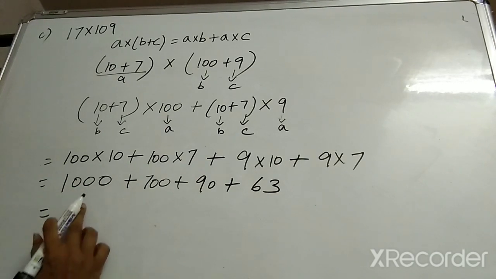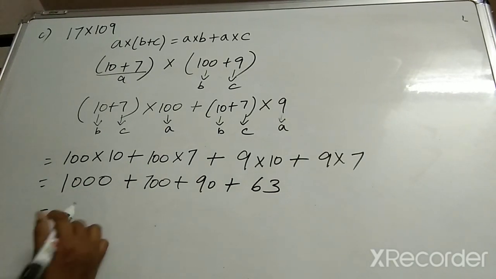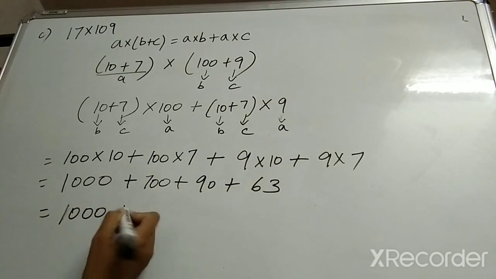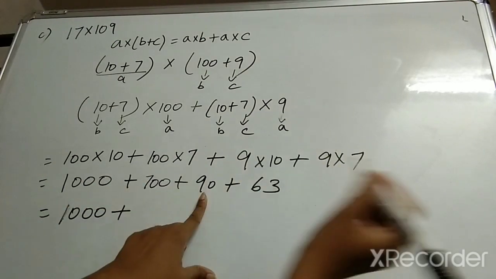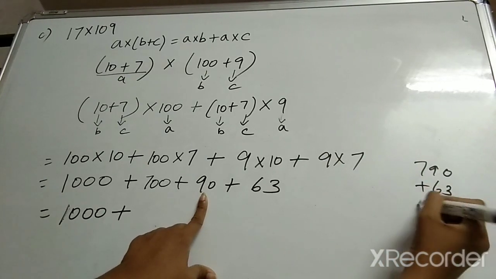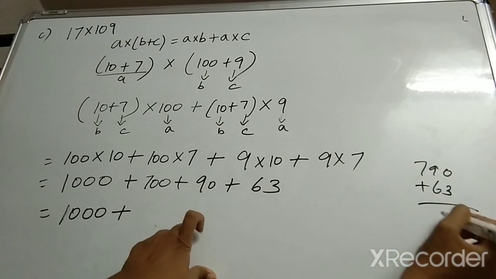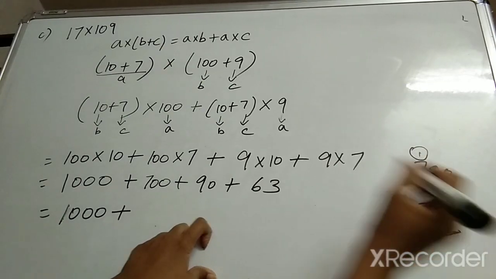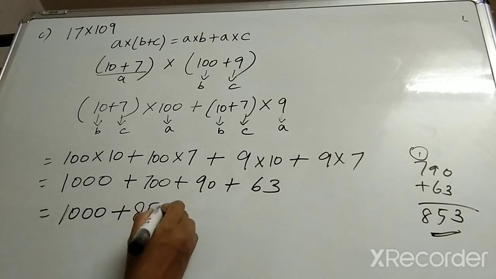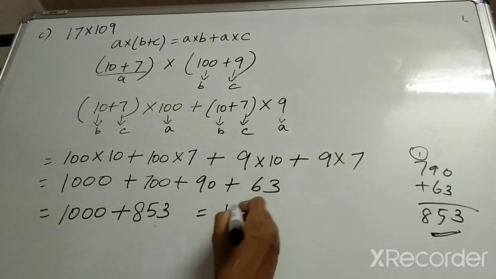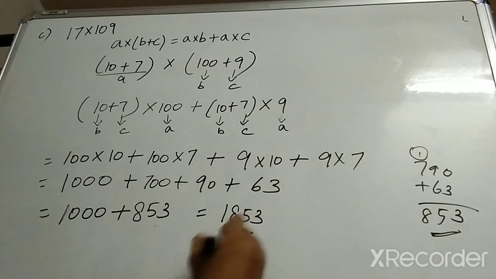Now 1000 plus 700 plus 90, 790, plus 63, so 853. So 1000 plus 853 is 1853. Clear?